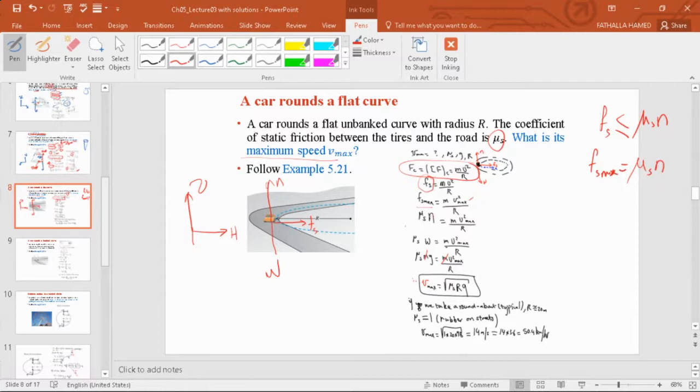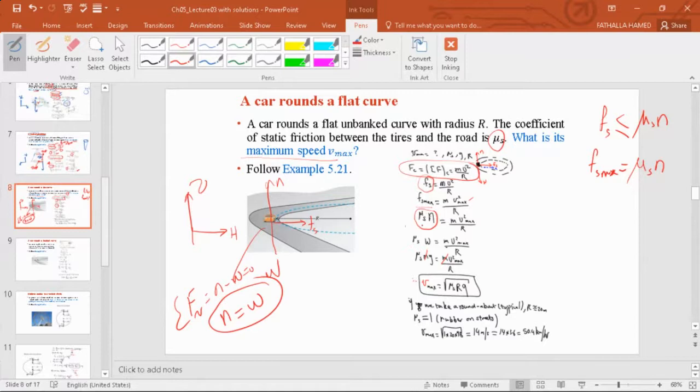Now, you know that the maximum friction is equal to mu s times the normal force. So we want to know what the normal force is. If you look at the vertical component here, it will be the normal force minus W equal to 0 because the car is not moving up and down. So the normal force will equal the weight.